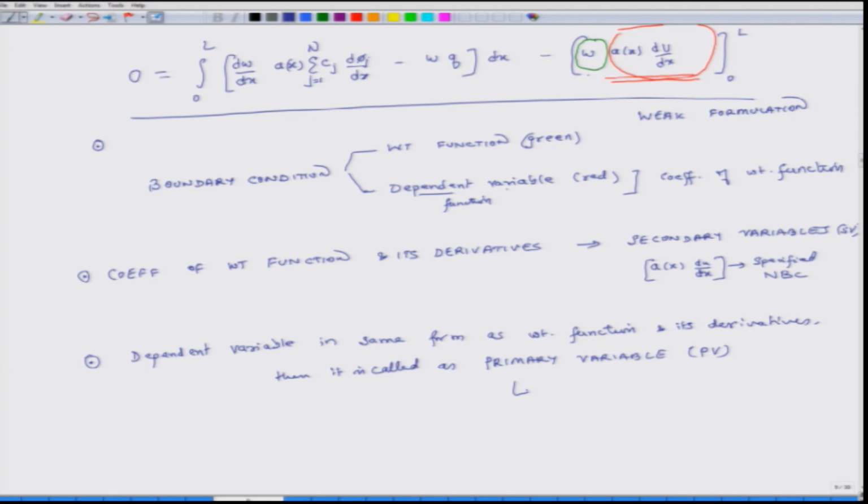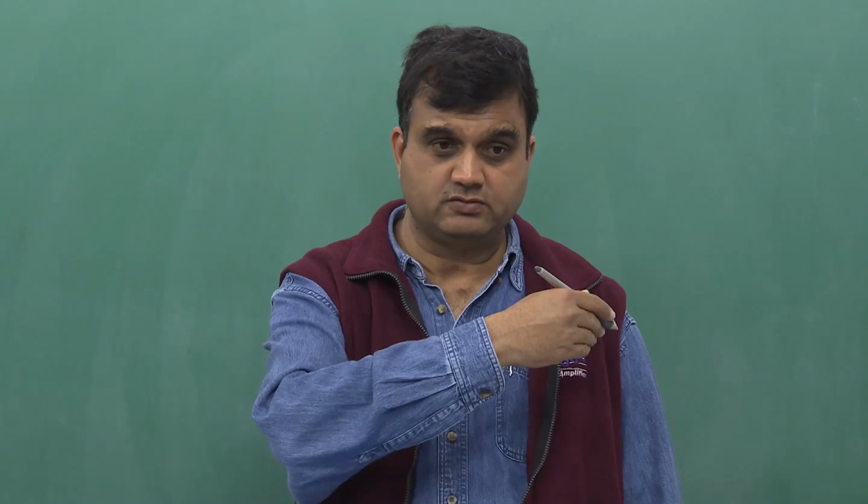And if I specify it, I say that I have specified the essential boundary condition. So, to make things clear, in this boundary term, the weight function appears as W. If I express the dependent variable in this equation, the dependent variable is U. We had mentioned this right in the beginning.